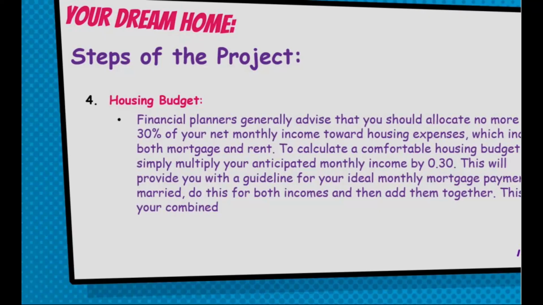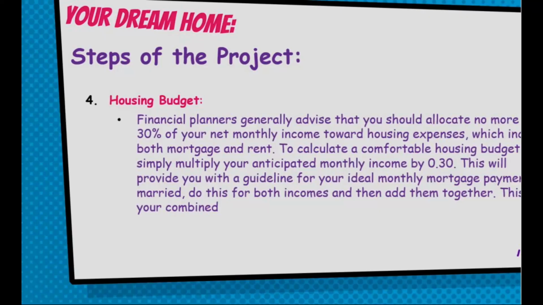So, housing budget. Financial planners generally advise that you should allocate no more than 30% of your net monthly income toward housing expenses, which include both mortgage and rent. To calculate a comfortable housing budget, you're going to multiply your anticipated monthly income.